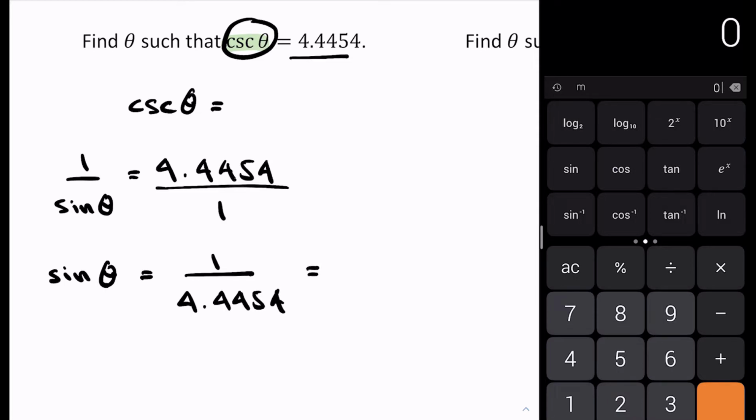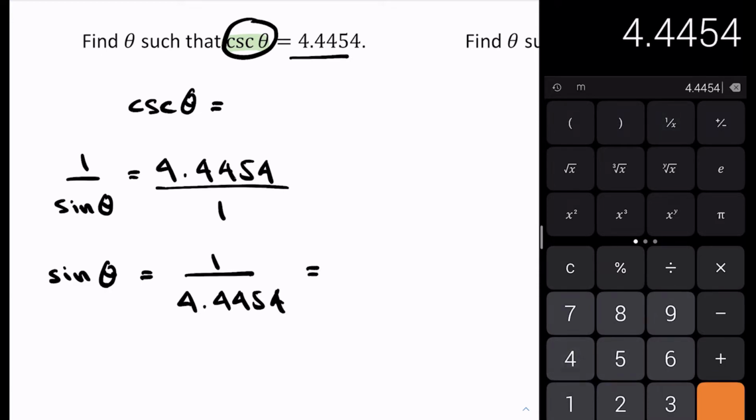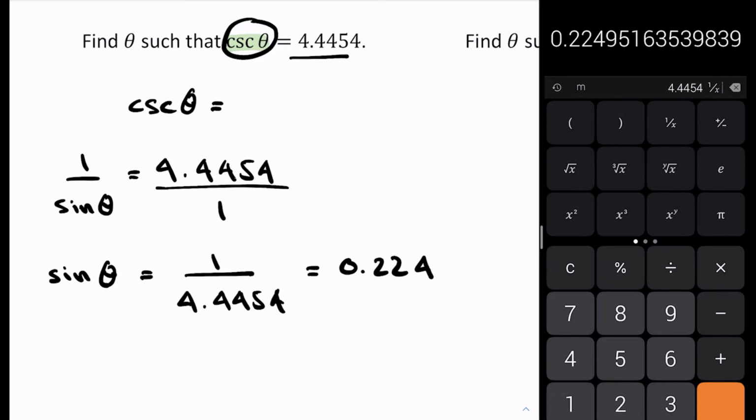And if I do this as a decimal now, let me plug it into my calculator. So I have 4.4454, and I do the reciprocal or the inverse there. I get 0.2249.